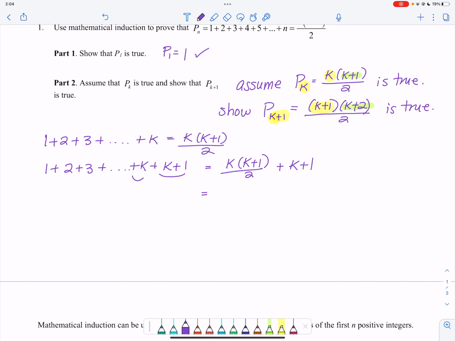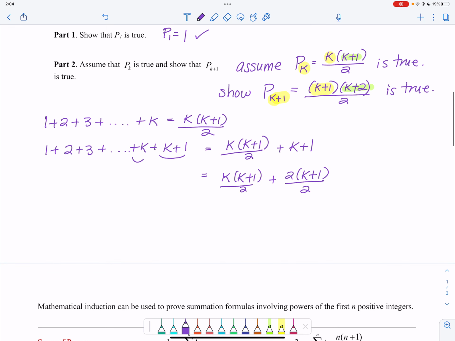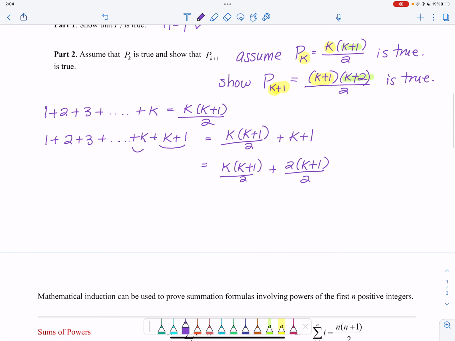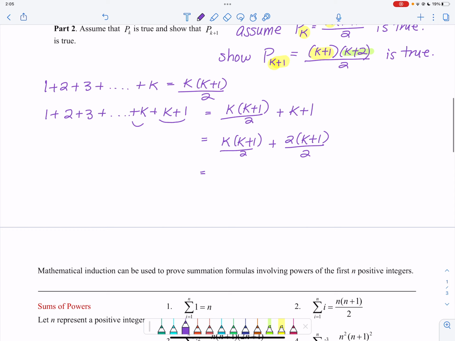And that comes out to be k times k plus 1 over 2 plus 2 times k plus 1 over 2. Let me just make sure that you can see that. Now we'll have k squared plus k plus 2k plus 2, all over 2.